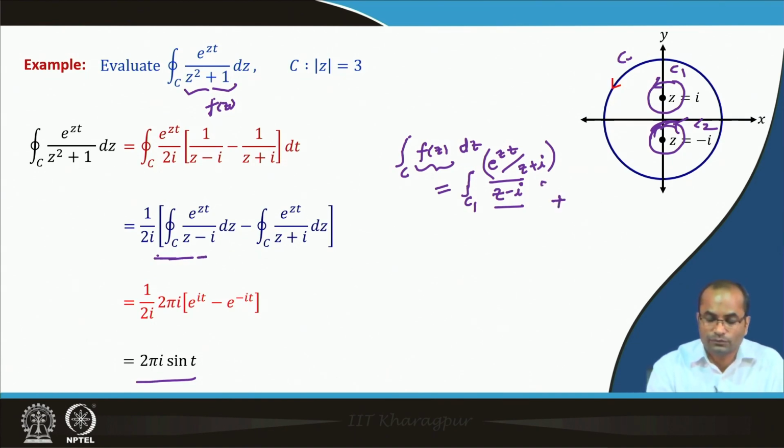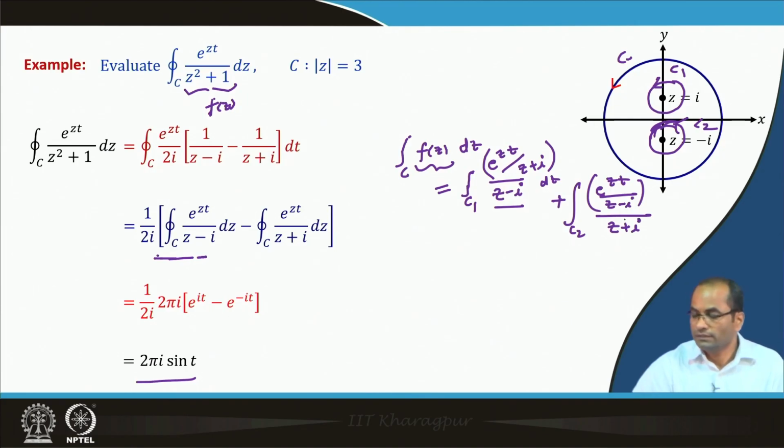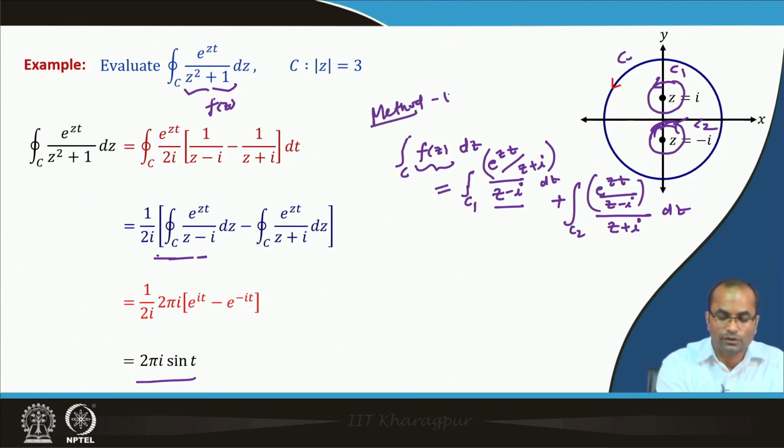Plus, when I do the integral over C2, I will take e power zt divided by z minus i as my analytic function, and here I will have z plus i, and then dz. So, this is another approach. This is method 2, where we do not have to use, for example, the partial fractions.